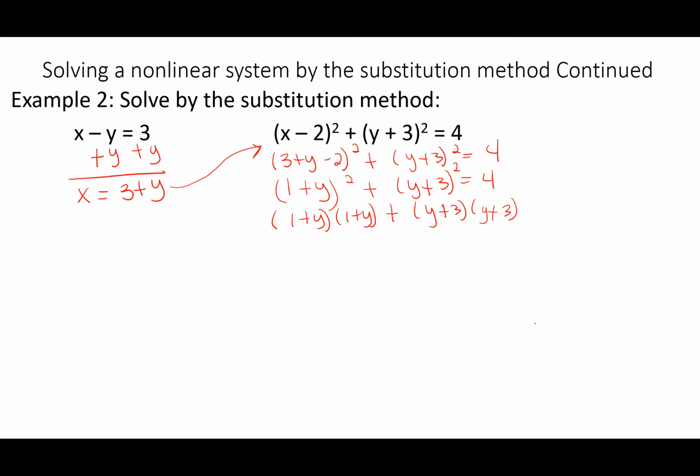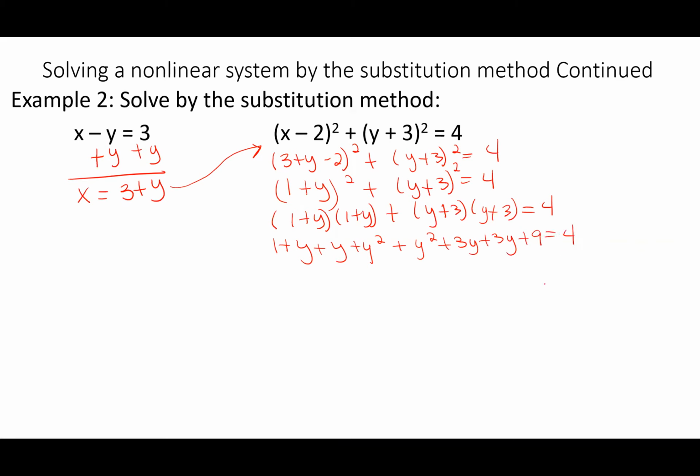So I have 1 plus y plus y plus y squared, plus y squared plus 3y plus 3y plus 9 equals 4.